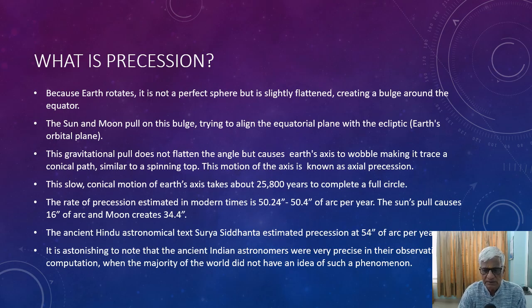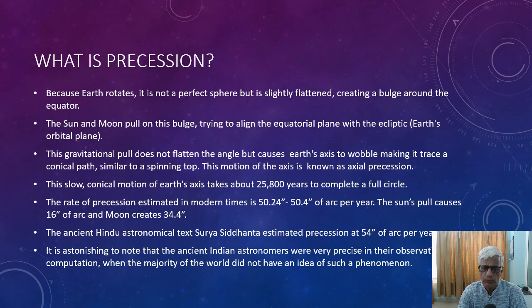Seconds here is not the unit of time, it is the unit of the angle of arc. Degrees, 1/60th of a degree is a minute, and 1/60th of a minute is a second. That is, 1/3600th of a degree is a second.